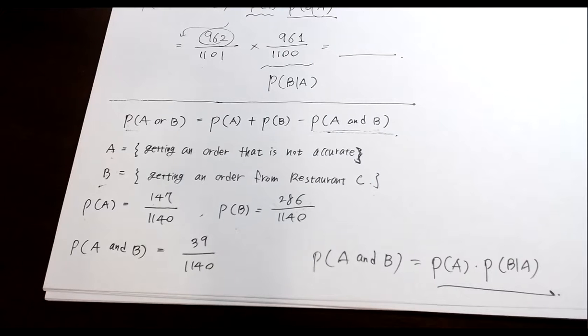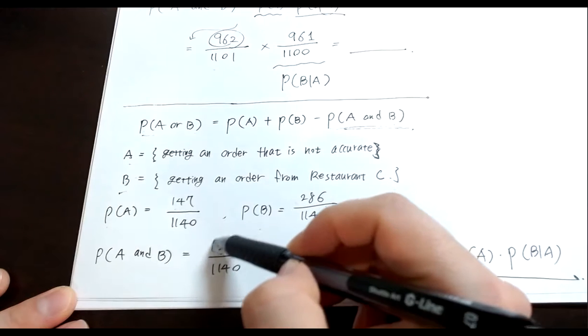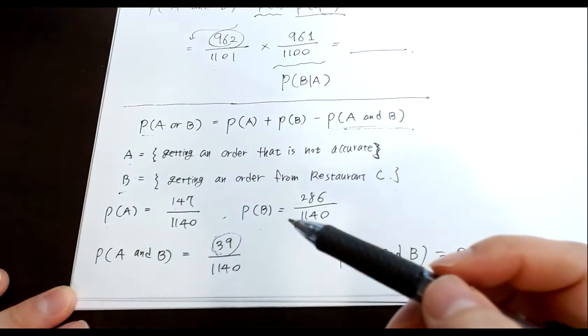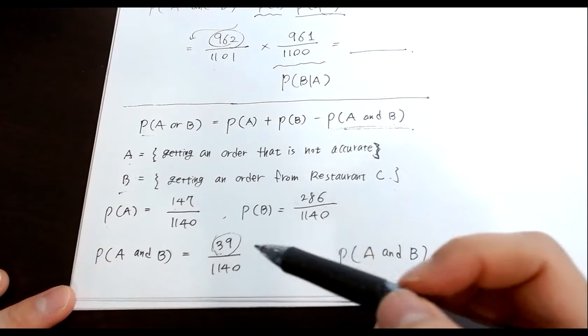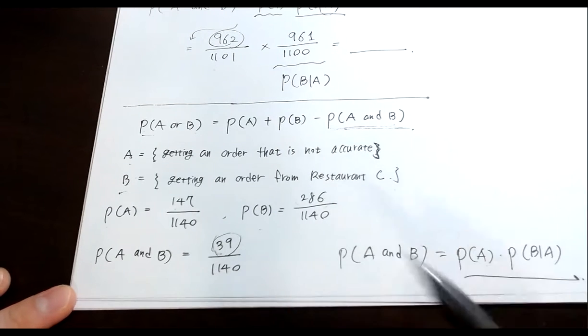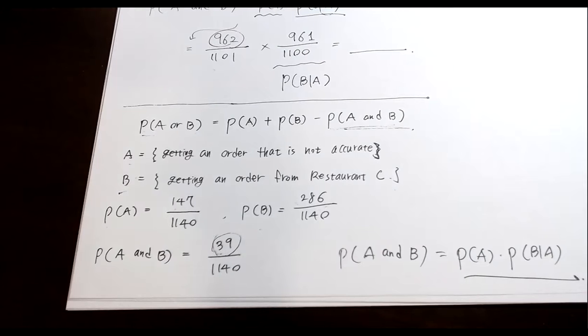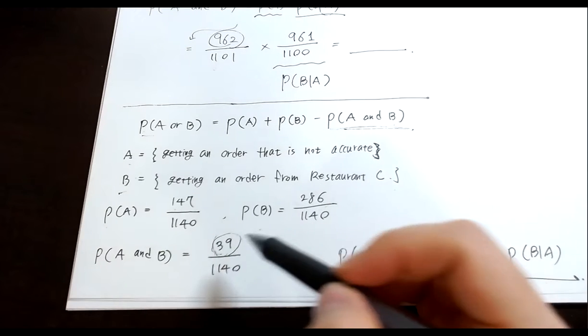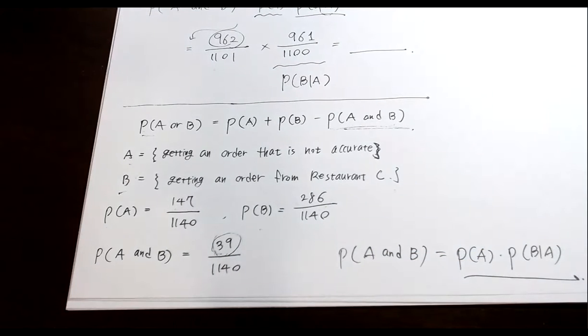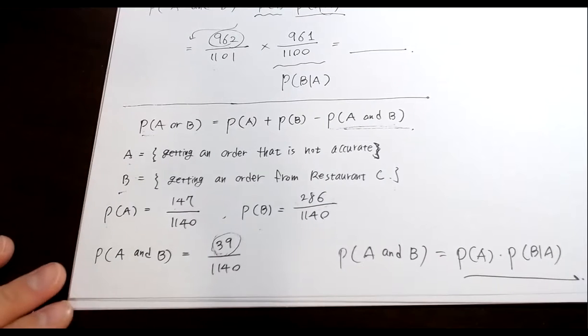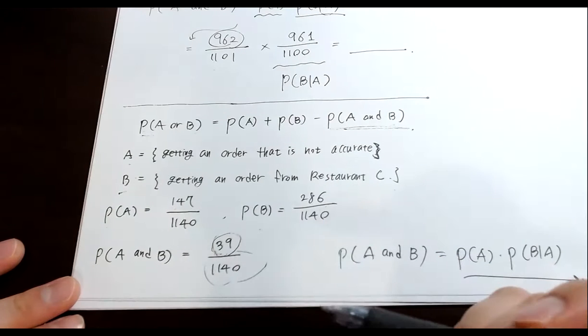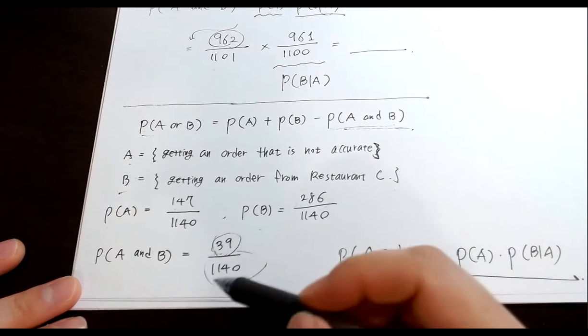So the 39 is the number of orders that are not accurate and from restaurant C. That's the number of common outcomes belonging to both event A and B. When you look at the table, you see that number in the restaurant C column, and 39 is the orders not accurate from restaurant C out of the total number of orders, 1140. So that's the probability of A and B.